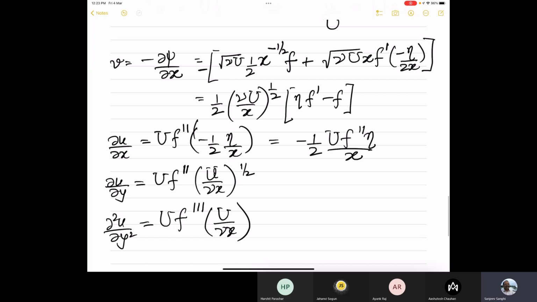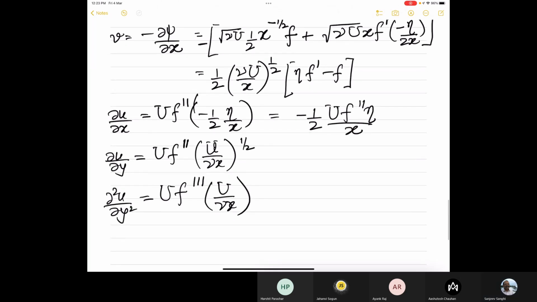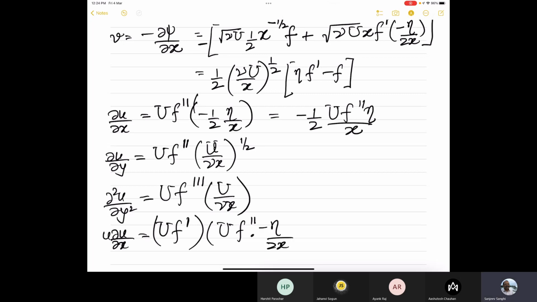And we also need u partial u by partial x. This will become equal to u is equal to capital U times f prime, and partial u by partial x will be equal to capital U f double prime times minus eta upon 2x.